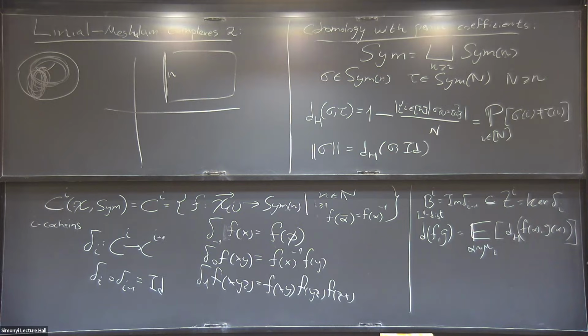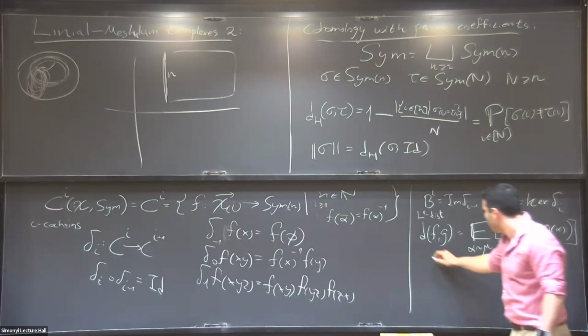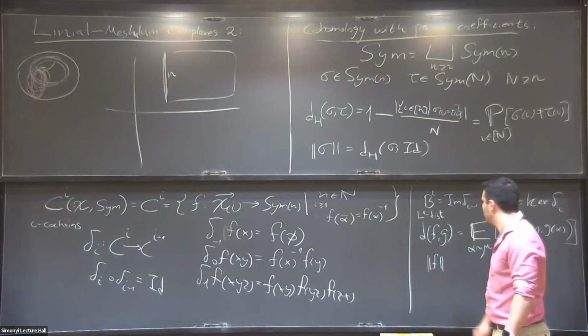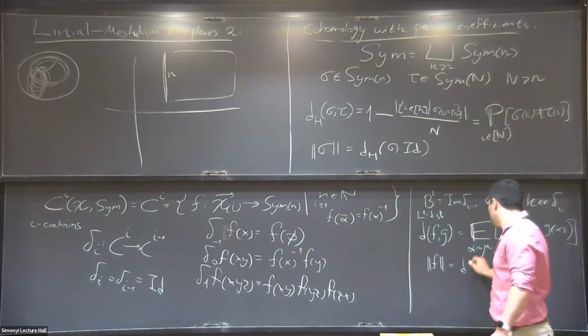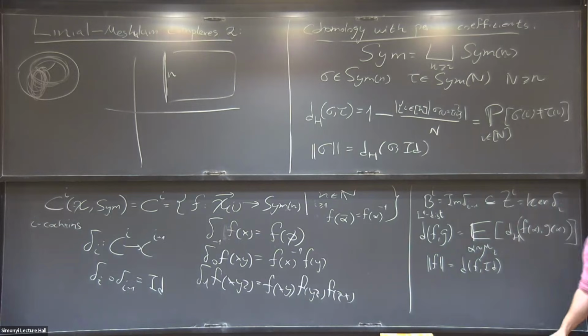So the usual L1 distance of functions. Now that's great, the cochains have a metric on them, once I fix these probability distributions. And then they have a norm. The norm of a function would just be the distance from the constant identity, and again you need to choose the appropriate identity.